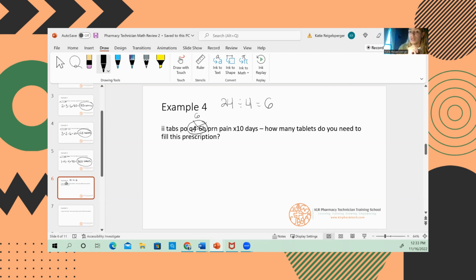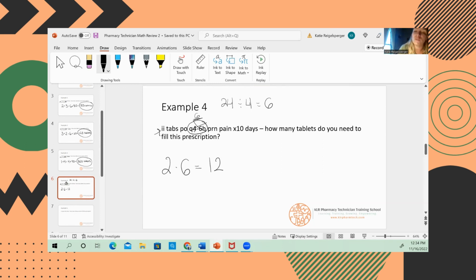And now we go and we do exactly what we did before. How many tablets do we take each time, guys? The answer is 2. How many times a day do we take 2 tablets? The answer is 6. 2 times 6 equals 12.